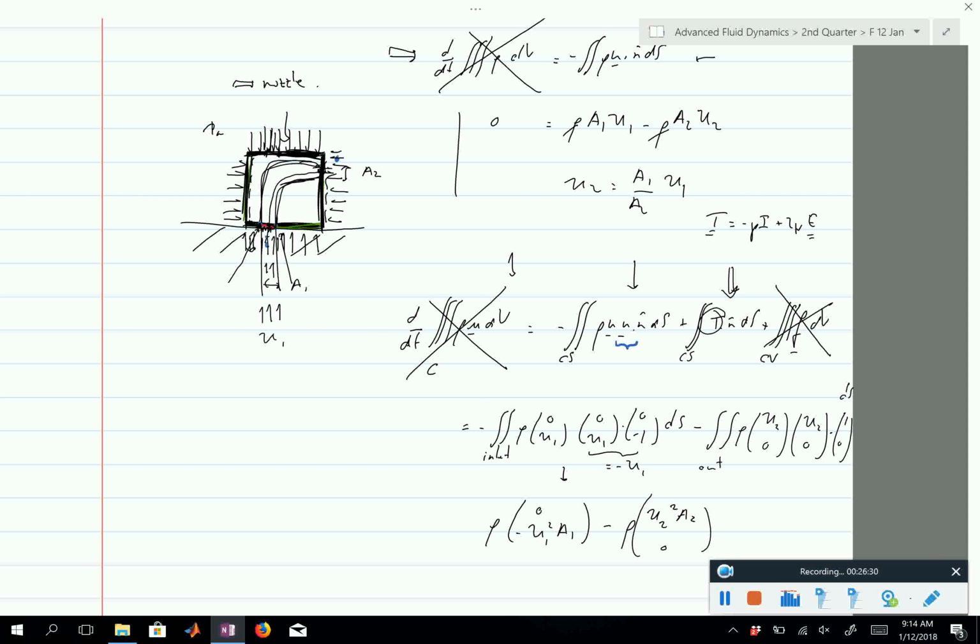And you see here that this would have two components, one in the y direction and one in the x direction. That's just to really highlight conservation of momentum. The momentum equation is a vector identity, so if the flow is flowing in two different directions, you'll have two components. You always have to keep track of both. Okay?